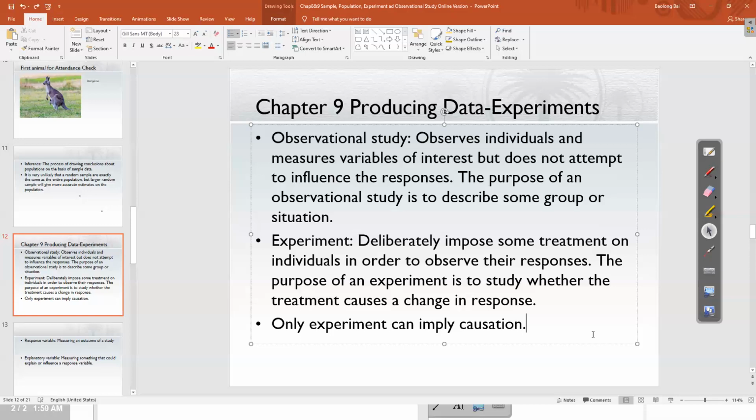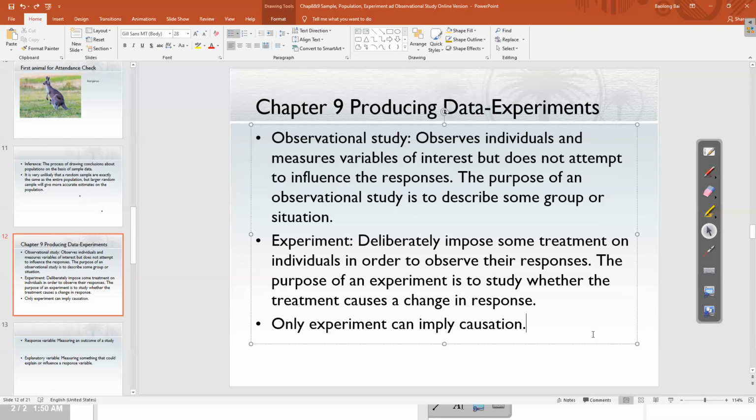So what they do is they send questions to the people, ask them their smoking habits and their health conditions: do you have lung cancer or not? Or maybe they just study the patients who have lung cancer to see how many of them smoke and how many of them don't smoke, and then by comparing that, they can get some conclusion.